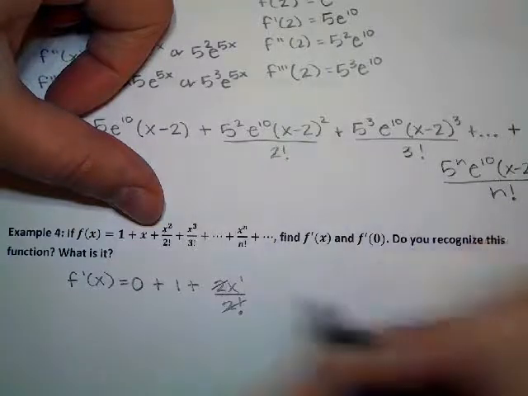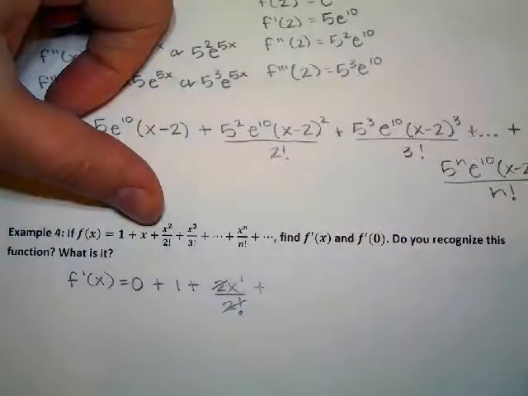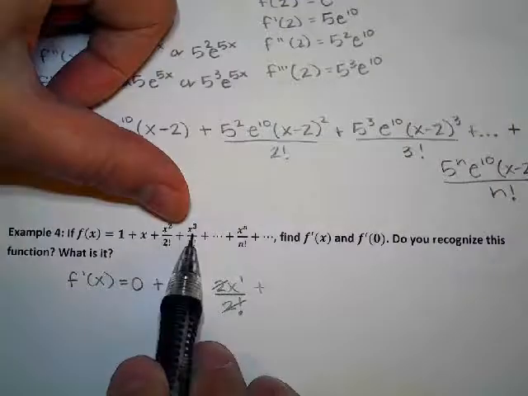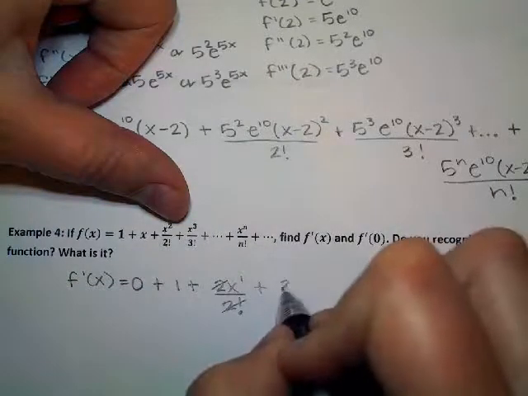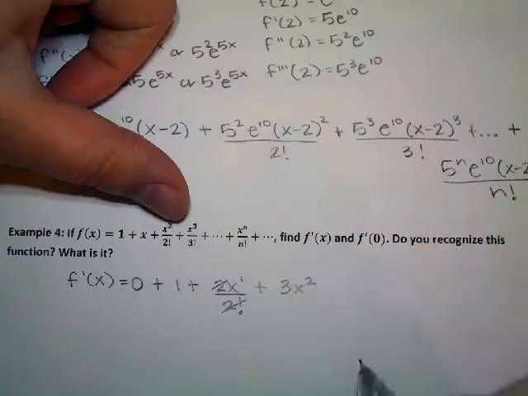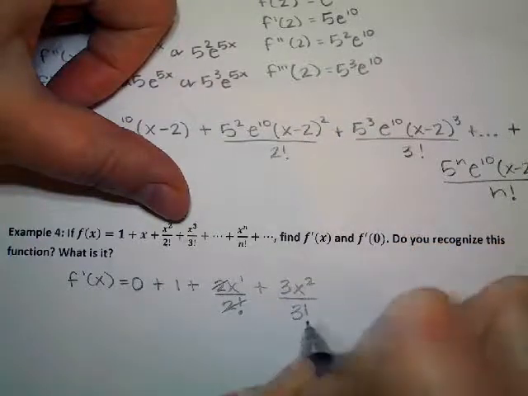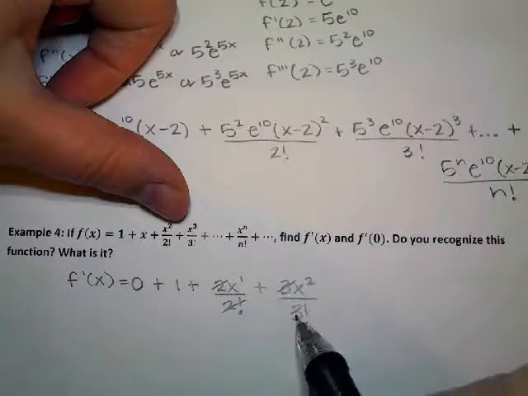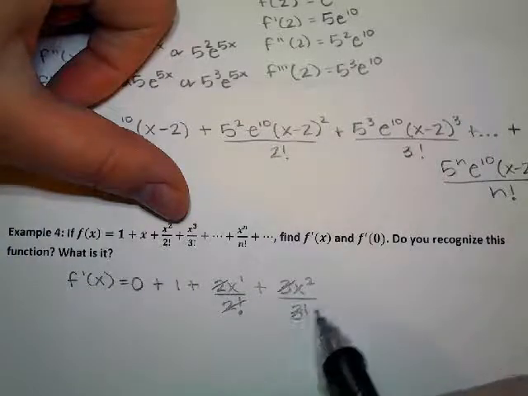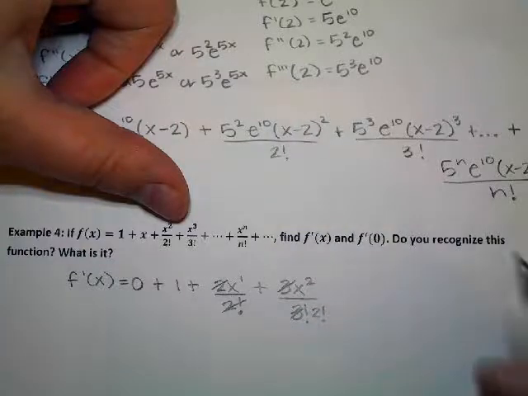Okay, and then the derivative of the next one would be 3x squared over 3 factorial, and the 3 here would cancel with the 3 on the bottom and would leave you with 2 factorial. Okay, plus dot dot dot.